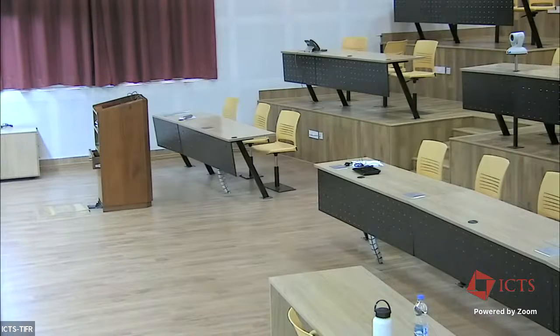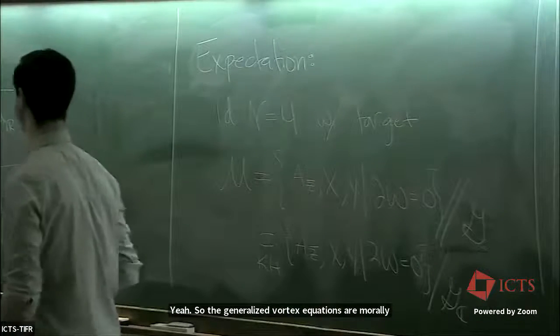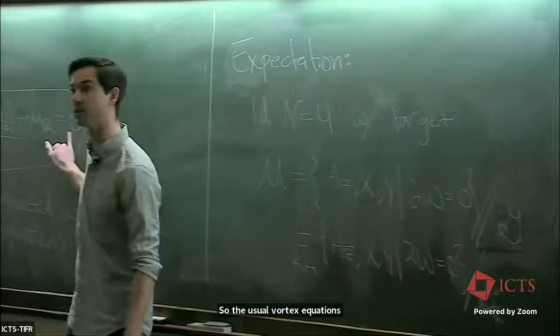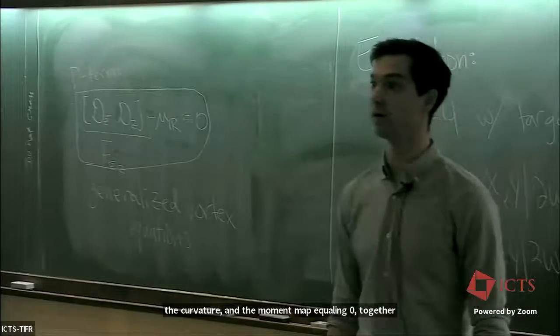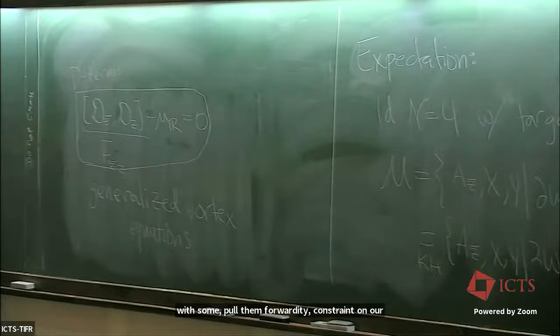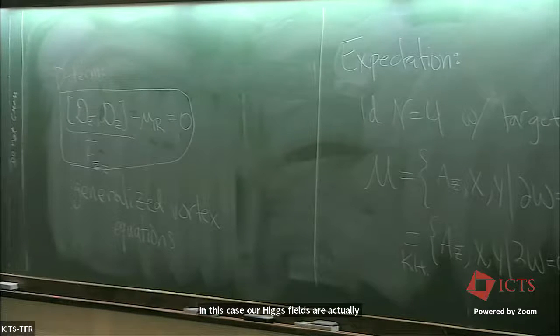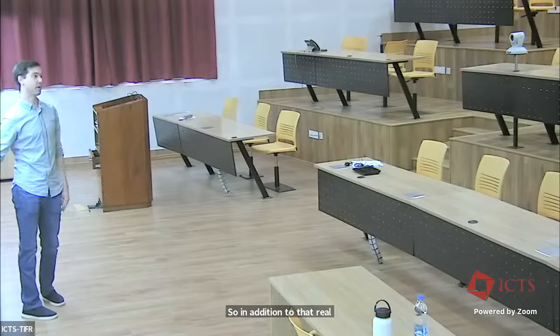Yeah, so the generalized vortex equations are morally just a hyperkähler version of the vortex equations we've been seeing in the other lectures. So the usual vortex equations have some statement about the curvature and the moment map equaling 0, together with some holomorphicity constraint on our Higgs fields. In this case, our Higgs fields are actually some hyperkähler sort of thing. We have X and Y that are complex symplectic in some sense. So in addition to that real moment map constraint, we have a complex moment map constraint.